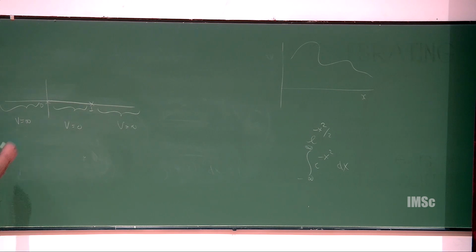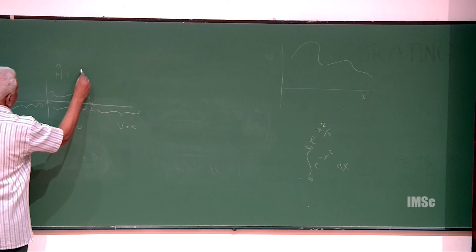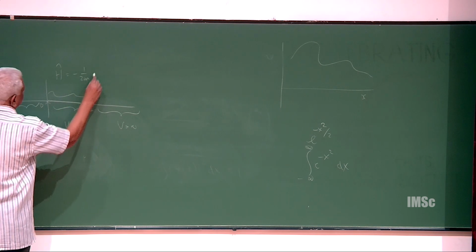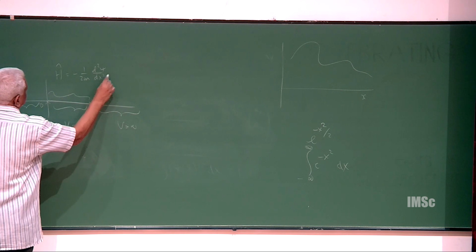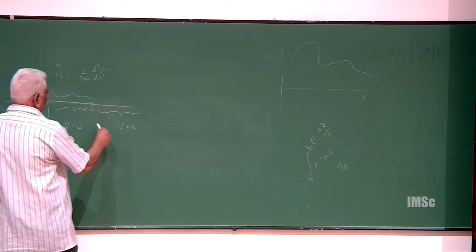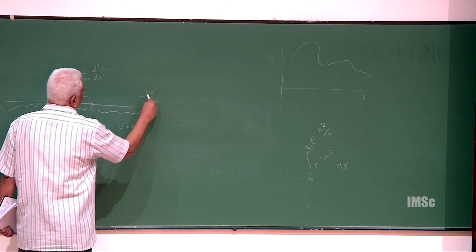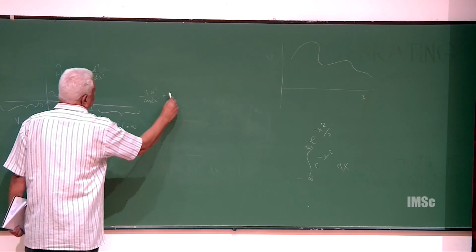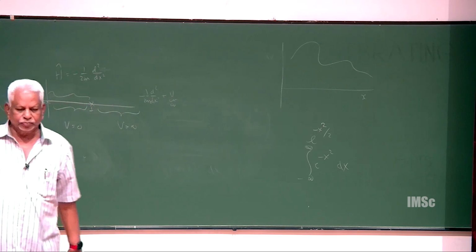Since V is 0, the Hamiltonian here is minus 1 by 2m d square psi by dx square. This is my Hamiltonian. There is no potential. Now outside, it is minus d square by dx square 1 by 2m plus V, which is infinity, infinite potential.